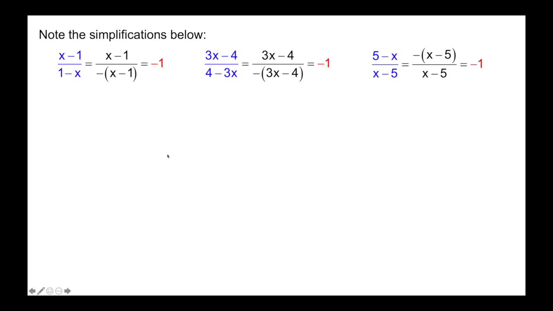Now here are a few examples of problems that reduce down to -1. So we want to take a look at the original setup here. If we look at this originally, x minus 1 and 1 minus x, they're not the exact same thing. That's because here the x is positive and it's negative here. The 1 is negative here and it's positive here. So if we need to switch both of the signs here, what we can do is GCF out a negative.